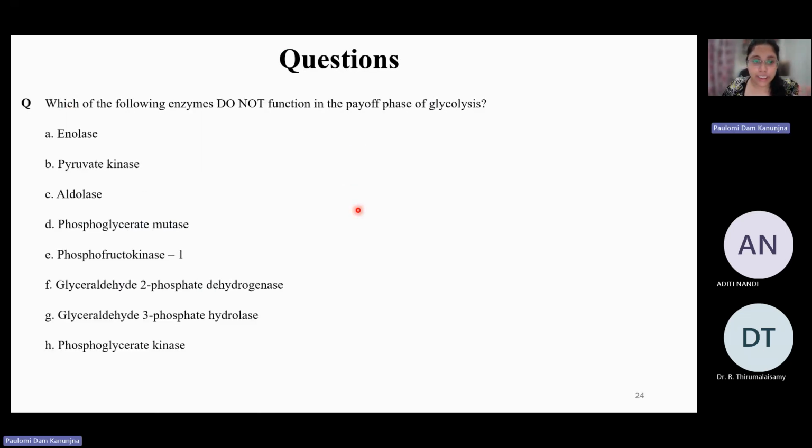Okay. The last one. Now, we have done both the phases. Now, out of these 10 enzymes, which are not part of the payoff phase of glycolysis, which is basically the second phase?